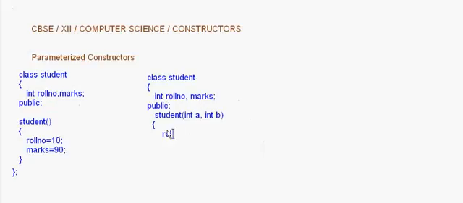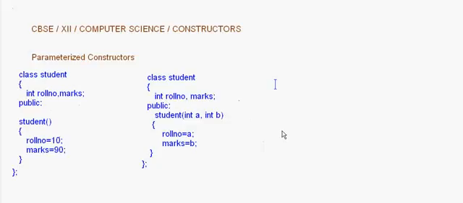Now inside this constructor I'm going to write roll number is equal to a and marks is equal to b, right? So whatever parameters are passed into this constructor, those parameters, that is a and b, are assigned to roll number and marks. Fine.